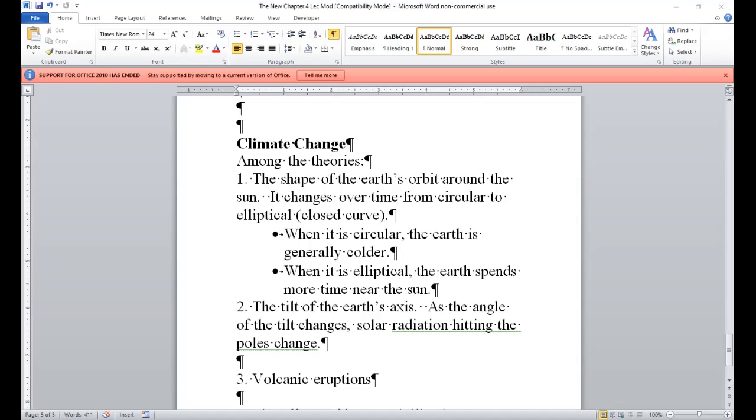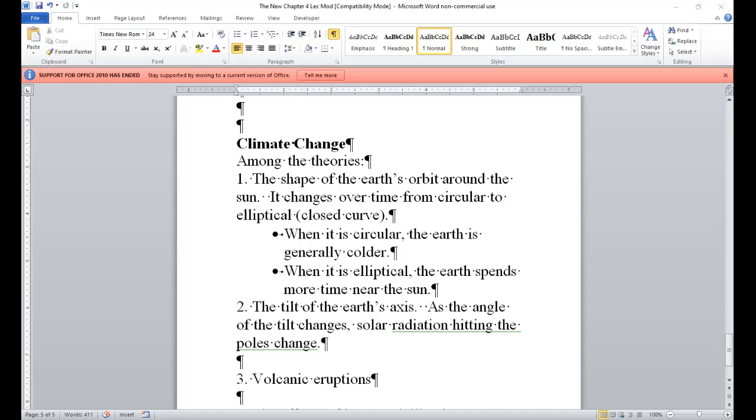The first would be the shape of the Earth's orbit around the sun. It changes over time from circular to elliptical, and the elliptical type is a closed curve. When it's circular, the Earth is generally colder. When it's elliptical, the Earth spends more time near the sun.